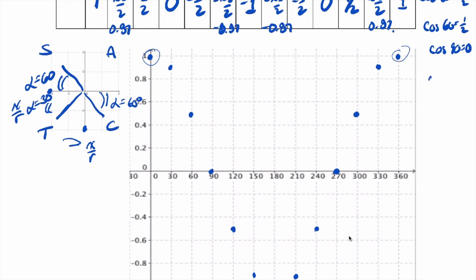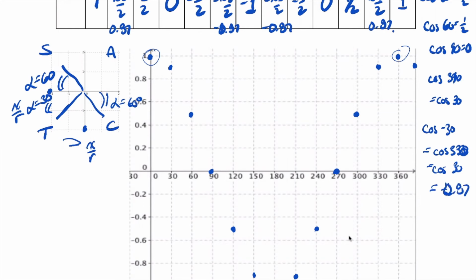So let's look at what cos of 390 would be, because that would be the next value here. Well, cos of 390 is the same thing as cos of 30. So that's going to bring us back down over here. And just for reference over here, cos of negative 30 is the same thing as cos of 330, which also is the same as cos of 30, which is 0.87.